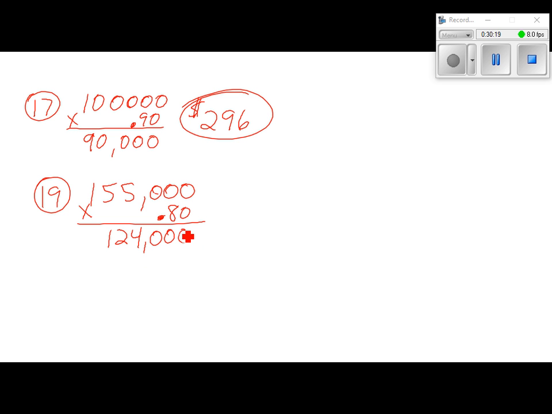That's how much coverage she has on everything. Then we look at the chart, 45% of that's on personal property. So we take 124,000 times 0.45, and that gives us $55,800. So she's got coverage up to $55,800 on her personal property.